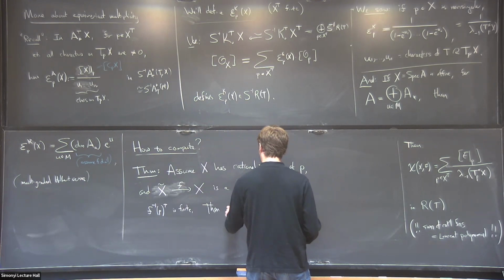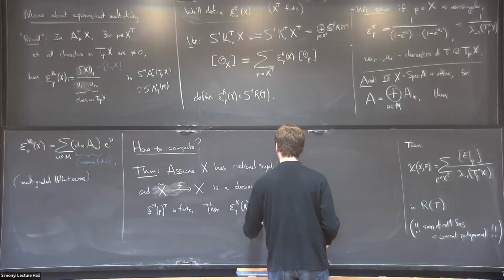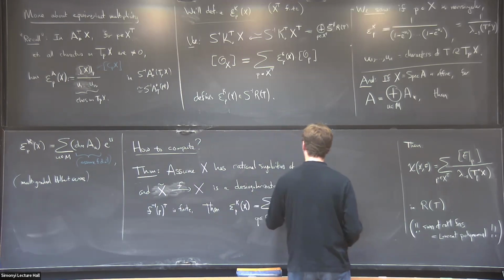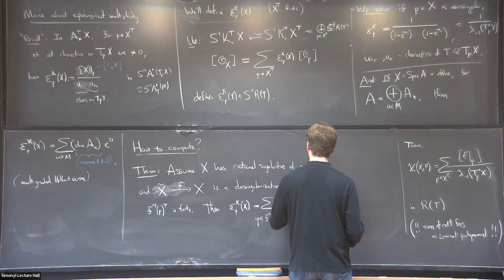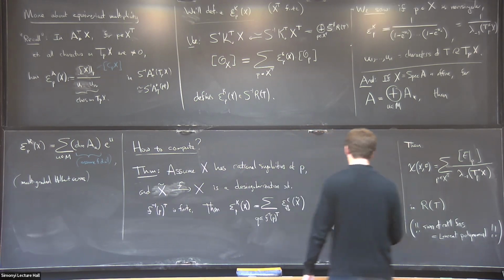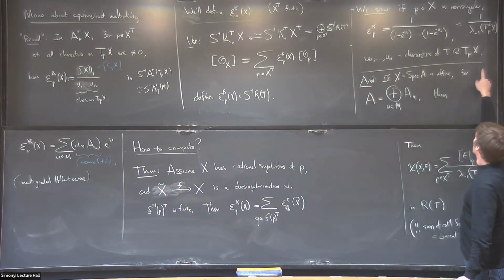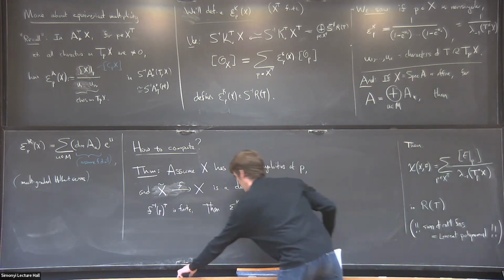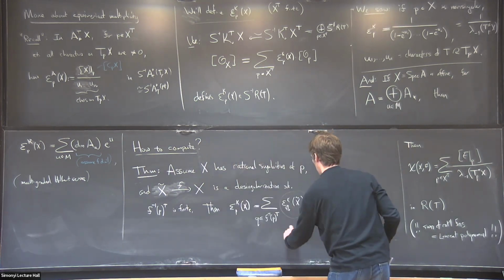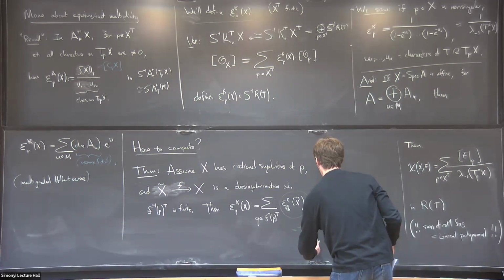the equivariant multiplicity that we're interested in is equal to the sum over all fixed points in the fiber of the equivariant multiplicities. And these ones we know by the non-singular case. So these ones are known by the non-singular case.